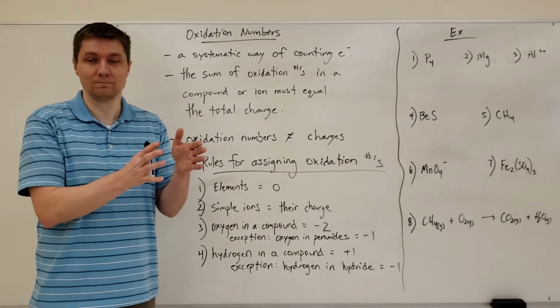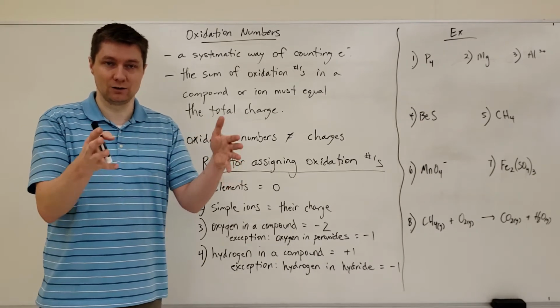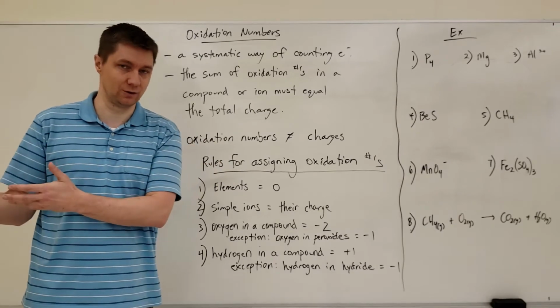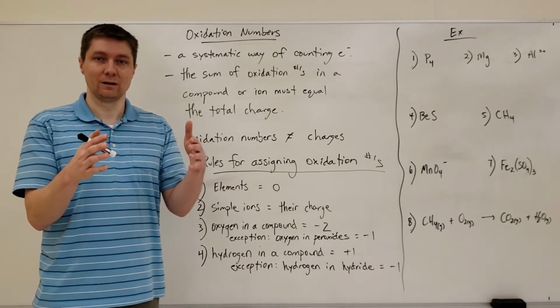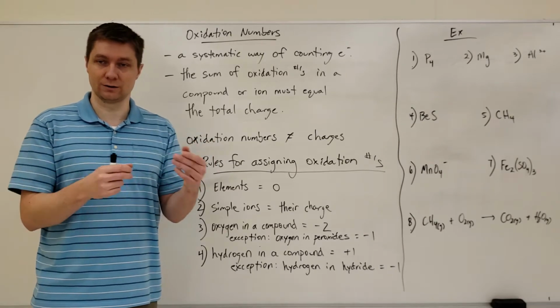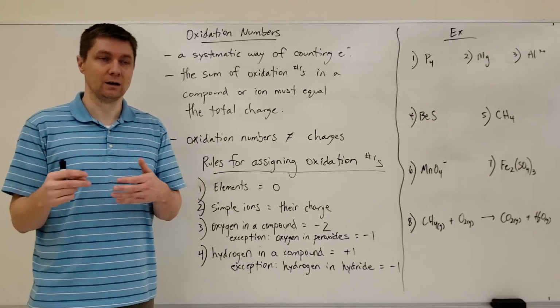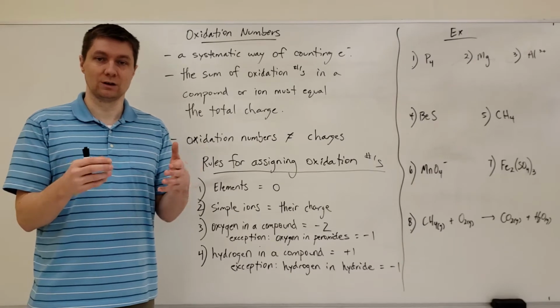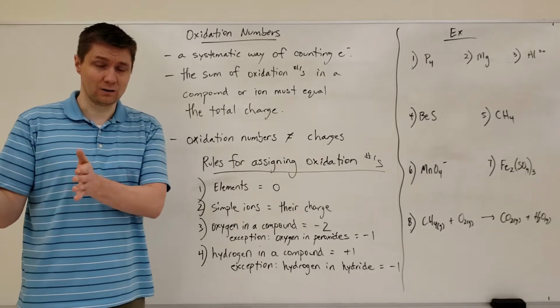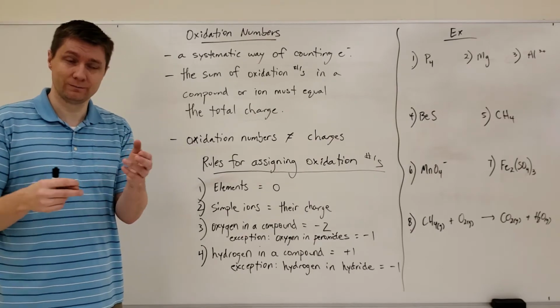So, for example, if I've got a compound that has a neutral charge, then the sum of all the oxidation numbers is going to equal 0. If I have a compound that has a charge on it, so an ion, either a simple ion or a complex ion, then the sum of them will need to equal the charge on that ion.